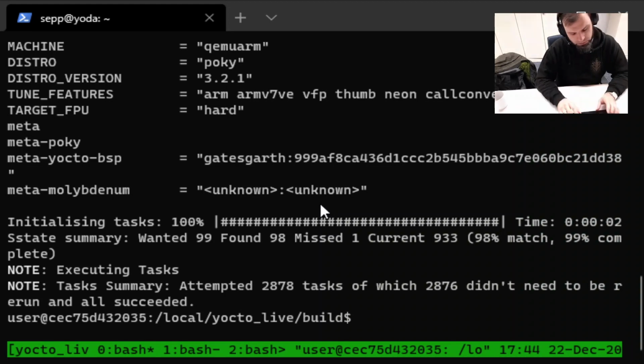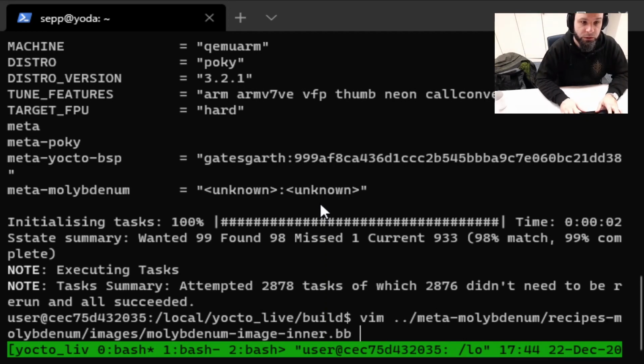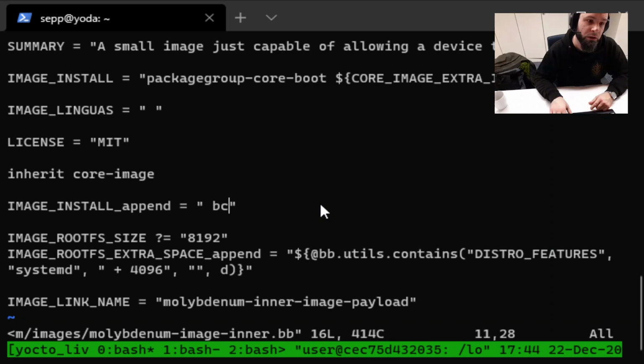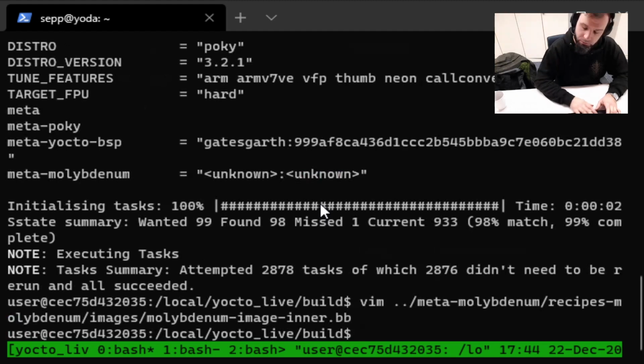That's crazy. Or did I just put it into the wrong recipes, images, molybdenum image, and inner image, install append BC. It should be there. Don't you think so?